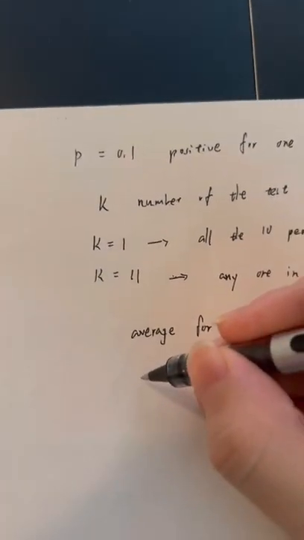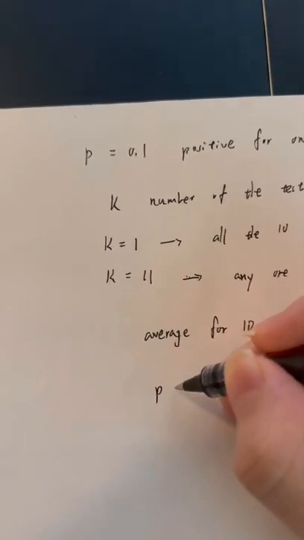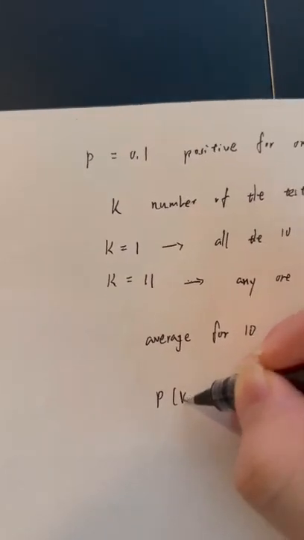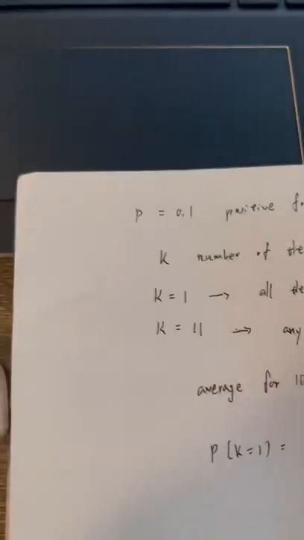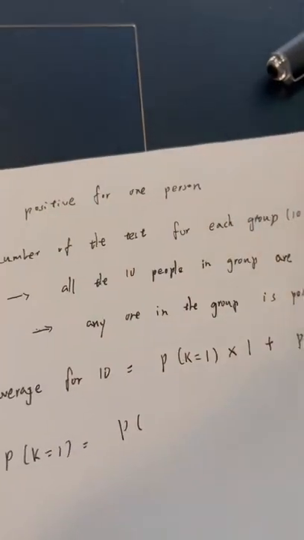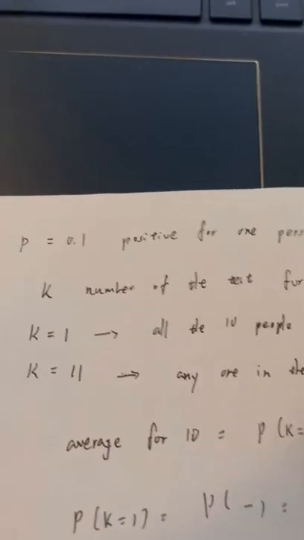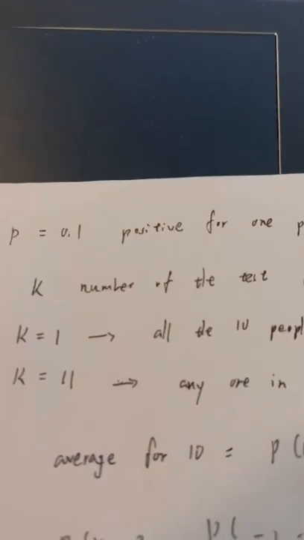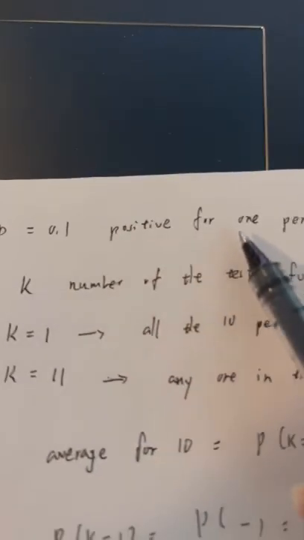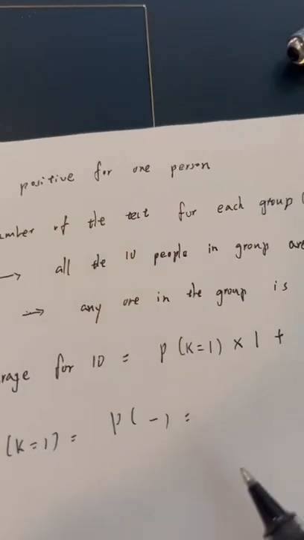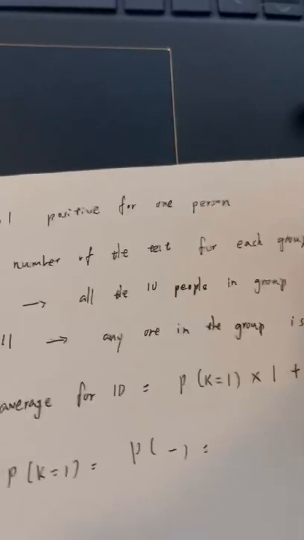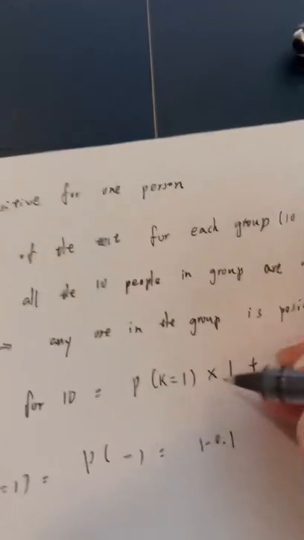So the probability of K equals 1 means the probability that all the 10 people in the group are negative. So we use p equals 0.1 of being positive for one person. If all the 10 people in the group are negative, then it will be (1 minus 0.1) to the power of 10.